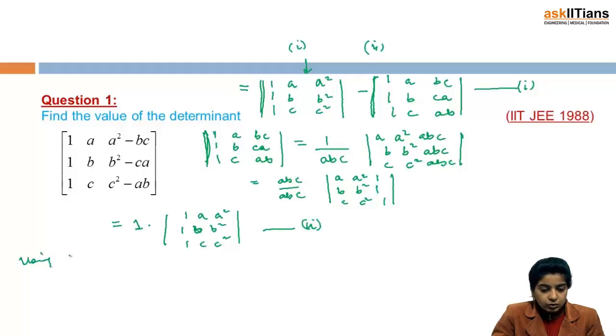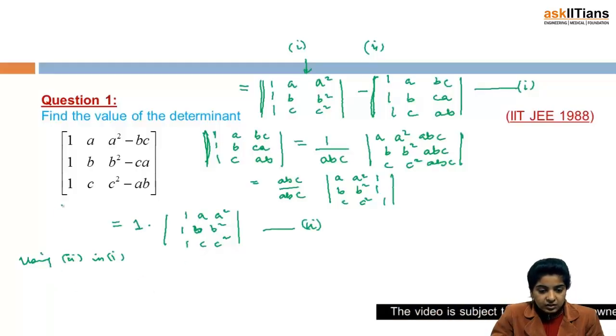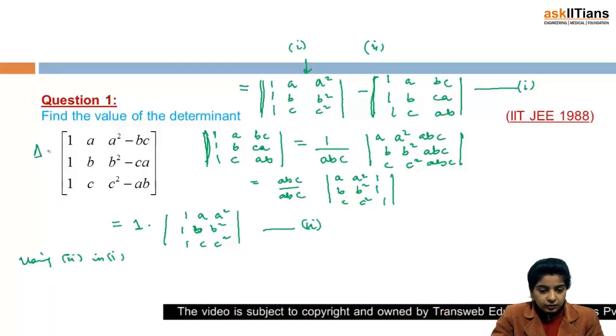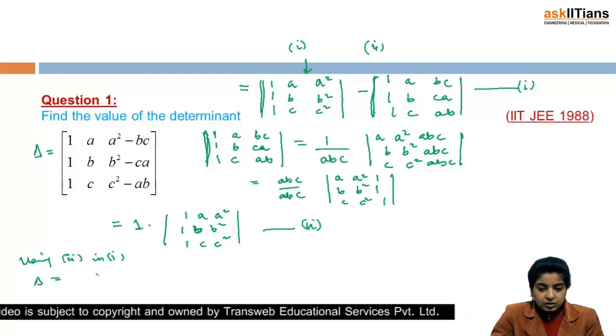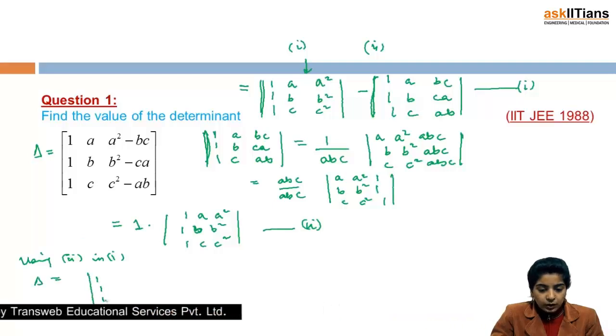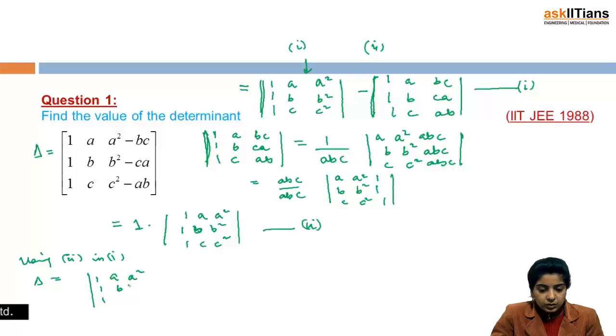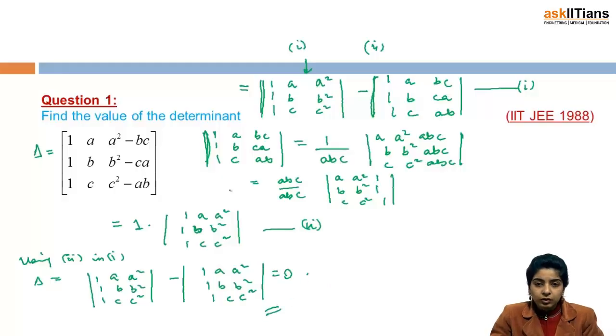So using 2 in 1, what I get is that this determinant is equal to 1, 1, 1, A square, B square, C square, minus sign in between, then again we have 1, A square, 1, B square and 1, C square, which is equal to 0. So this was the required value of the determinant.